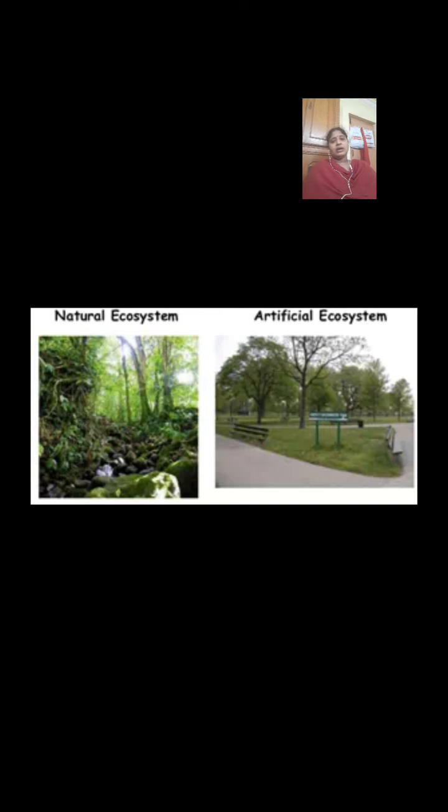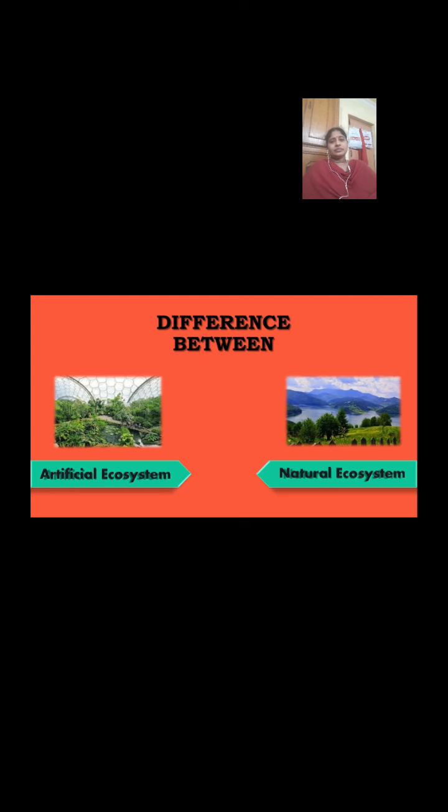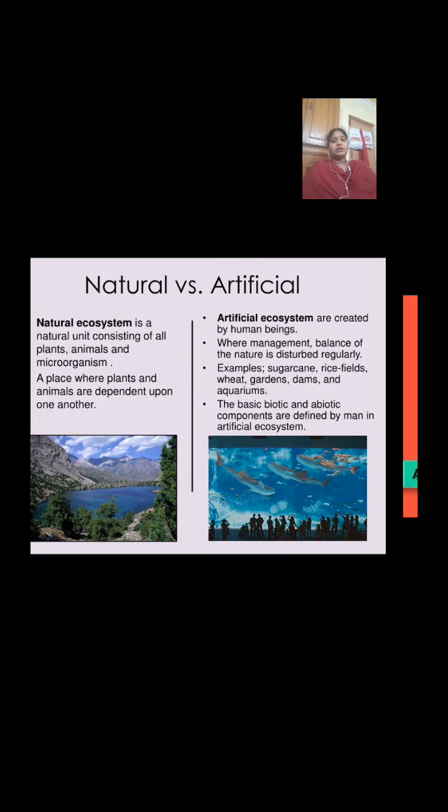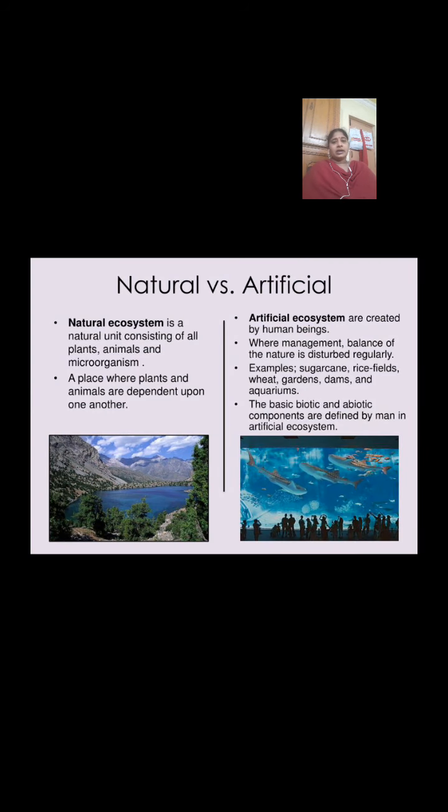These come under natural ecosystems, whereas a crop field, a garden, an aquarium, and a created pond, all these come under artificial ecosystems. Okay, you see what are the different types of ecosystems? Artificial and natural. Now let us discuss the differences between artificial ecosystems and natural ecosystems.